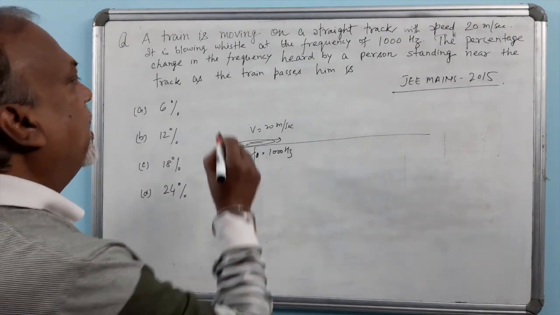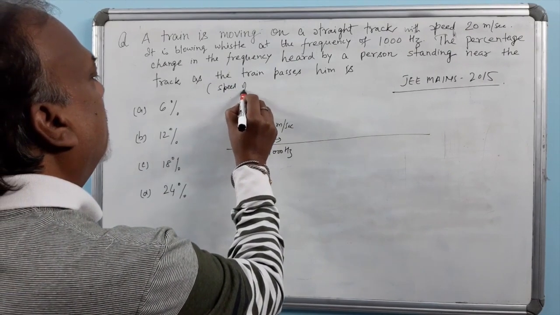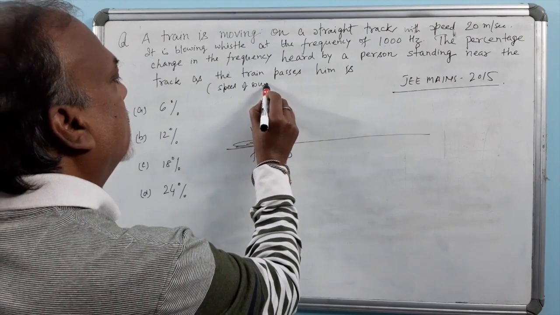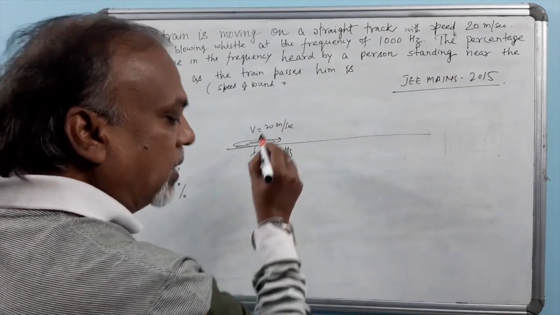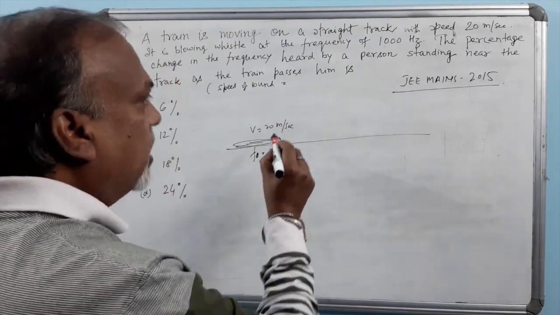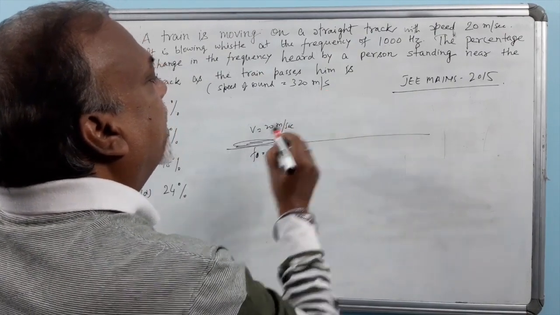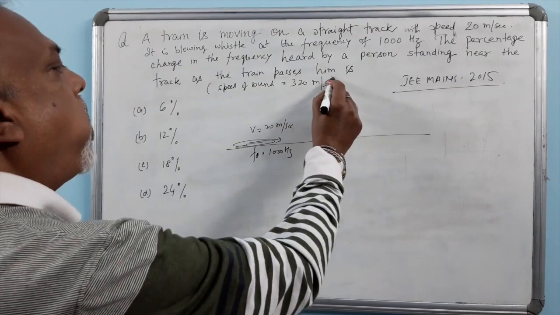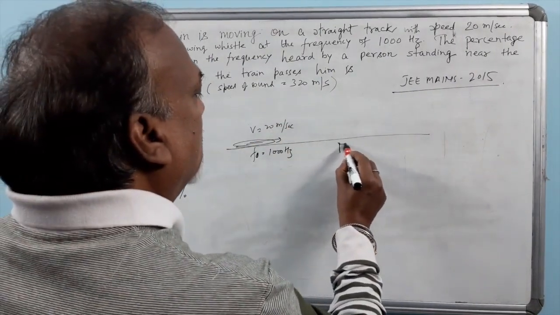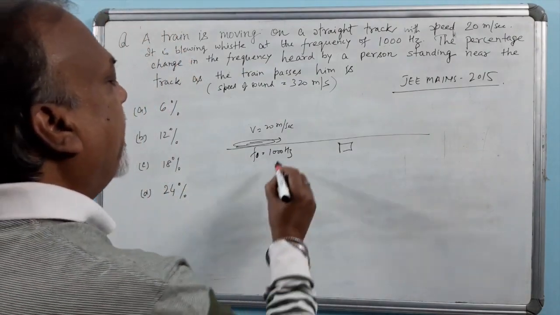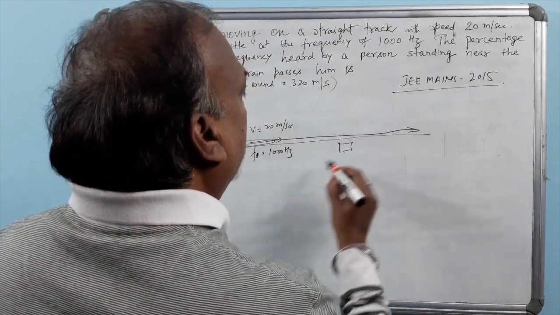Now it is also given here the speed of sound as 320 meter per second. Now suppose a person is standing here, the train comes here and it goes past him.